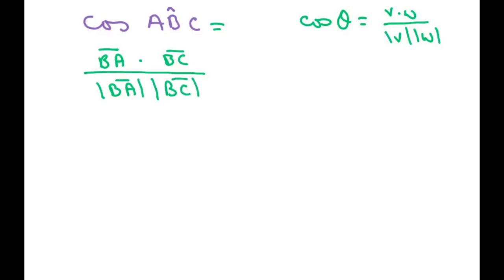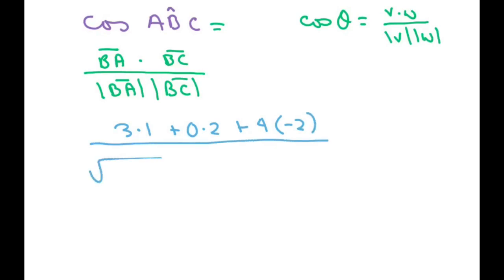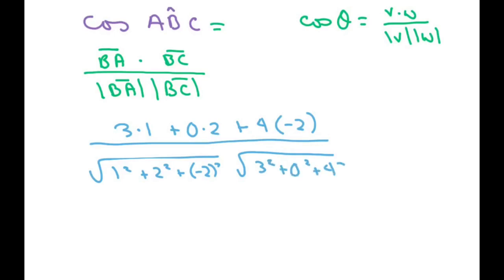So this is going to give us 3 times 1 plus 0 times 2 plus 4 times -2, all over the square root of 1 squared plus 2 squared plus -2 squared, times the square root of 3 squared plus 0 squared plus 4 squared.